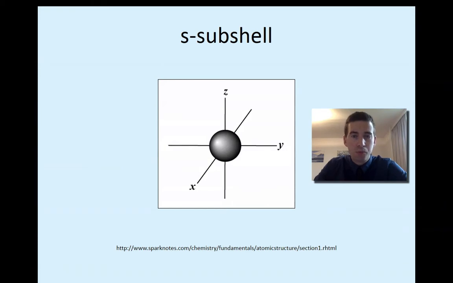So all of the S subshells from the different quantum shells will all look like this. Now as you have an increasing quantum number, so you go from the first shell to the second shell to the third shell, these spheres will get bigger, but they will have the same shape.